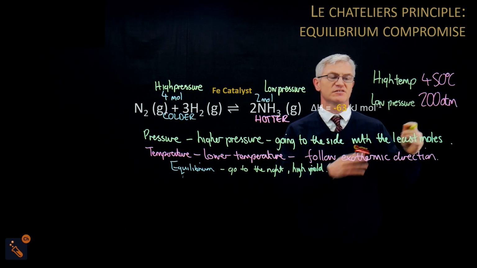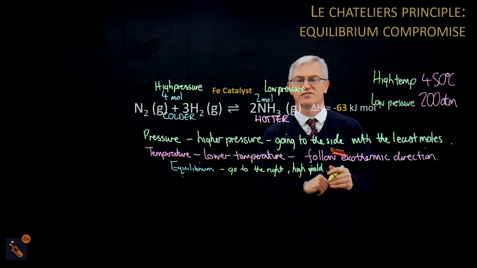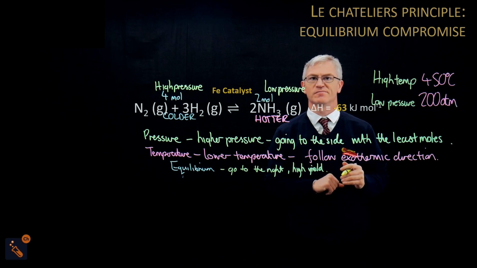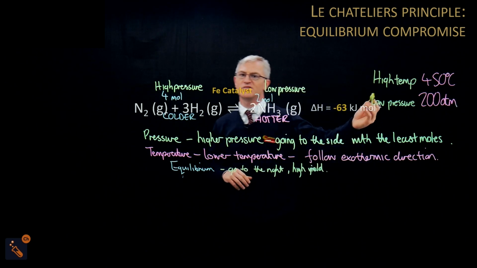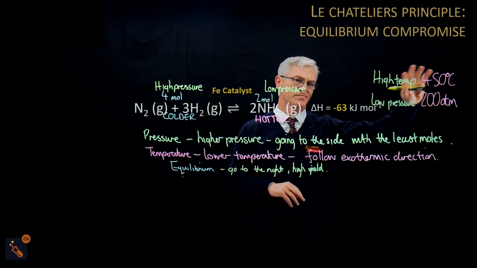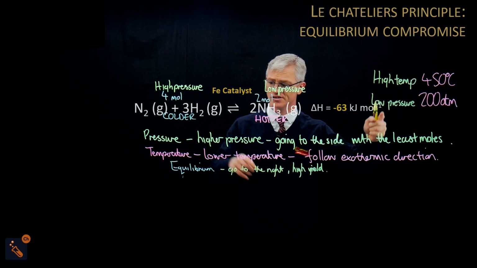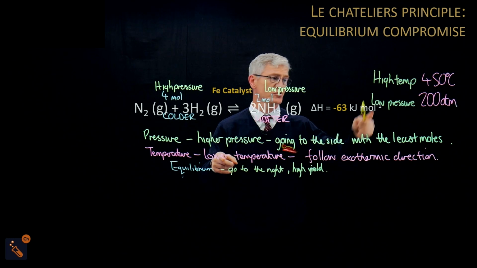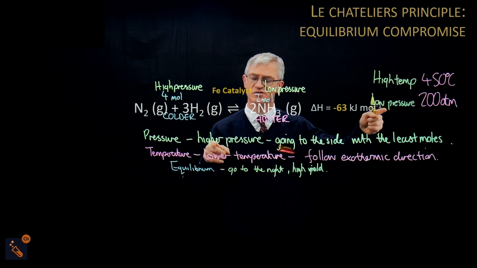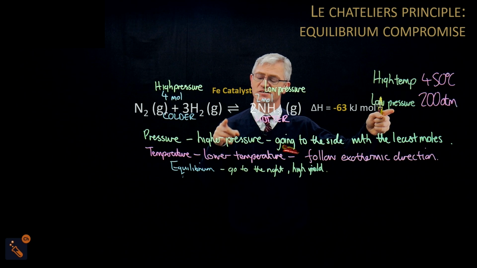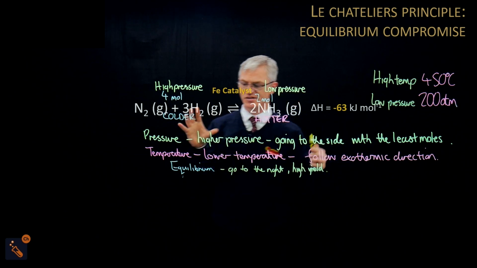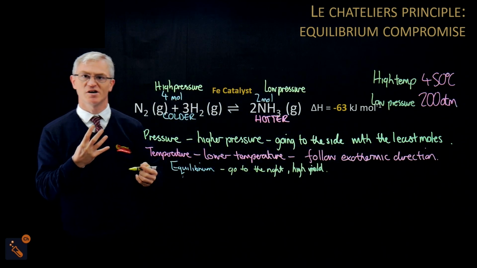I say relatively, it's still 200 times the pressure at atmosphere, okay? So if that's a low pressure, that's a high temperature, okay? That high temperature is the opposite to our low temperature, that low pressure is opposite to our higher pressure. So they're opposites.